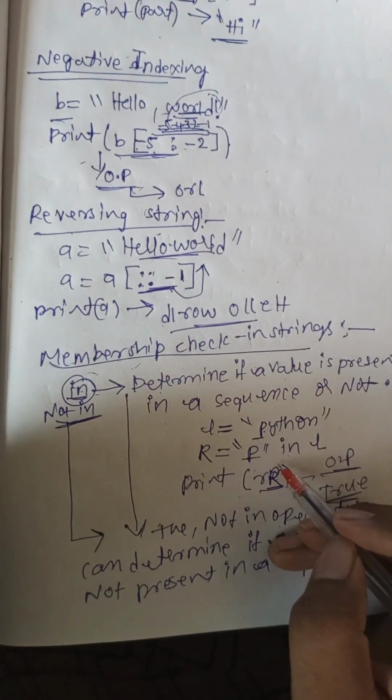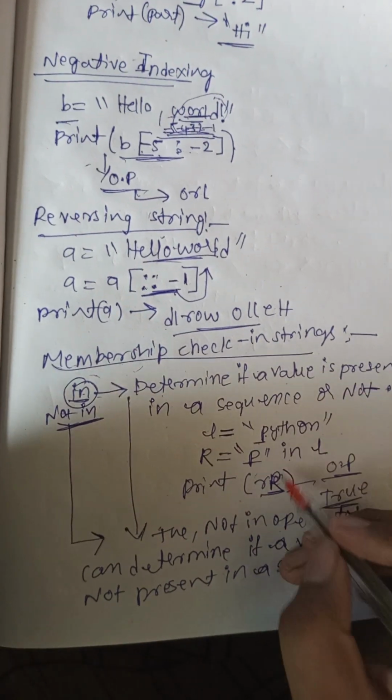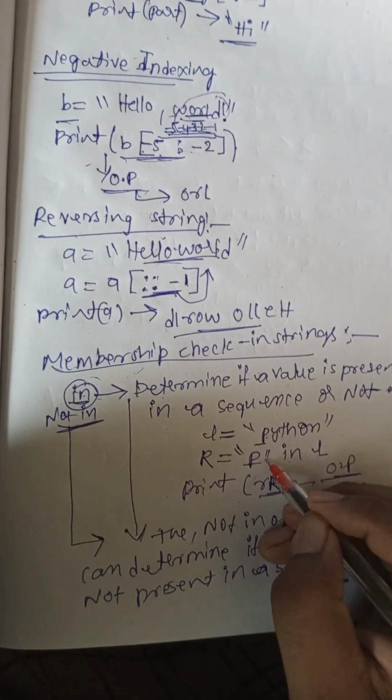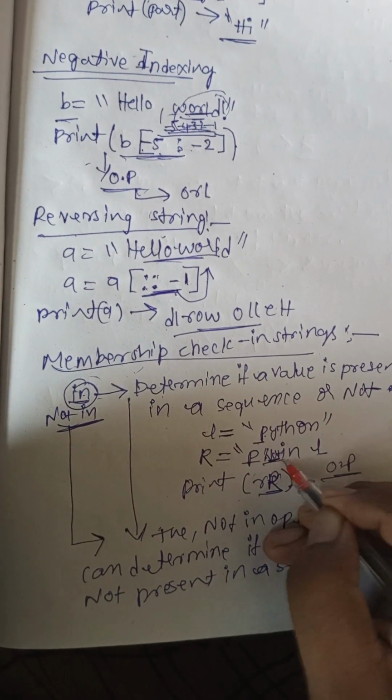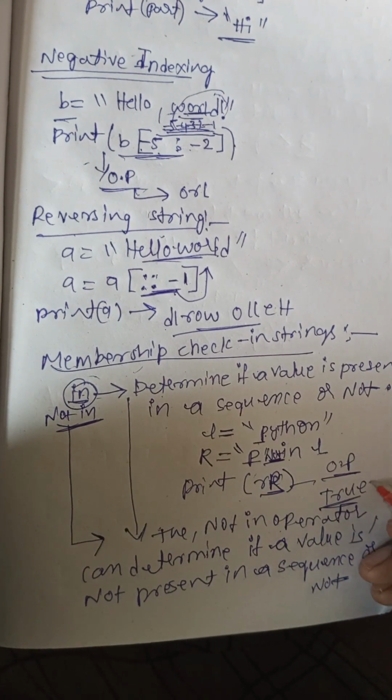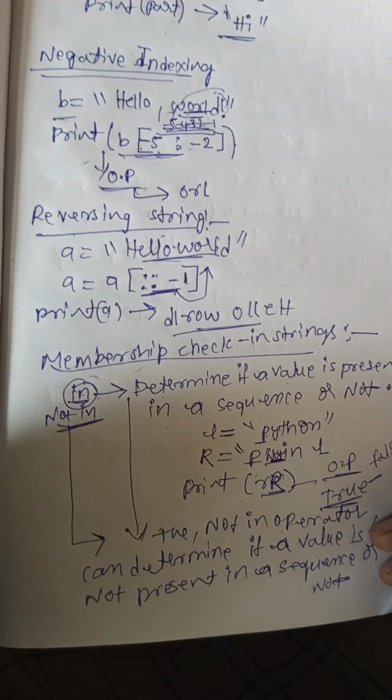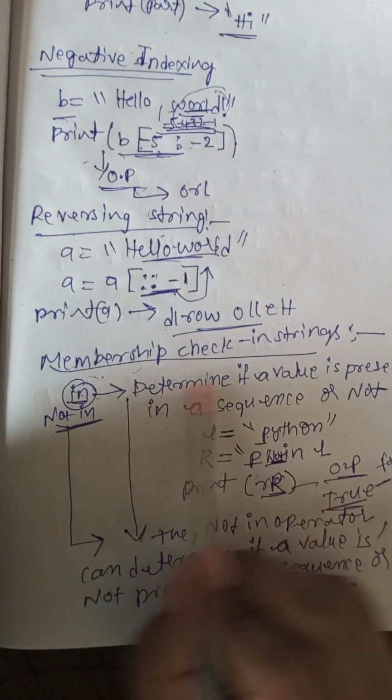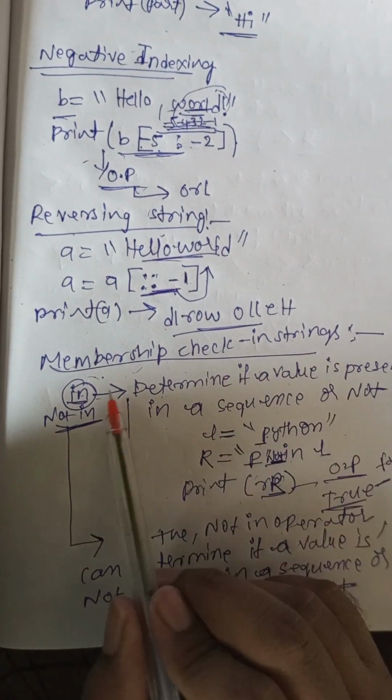In this same example, I am putting p not in l. When I use not, what output will I get? False, because p is there. This is known as membership checking in strings.